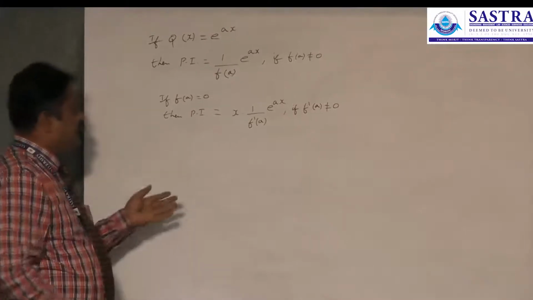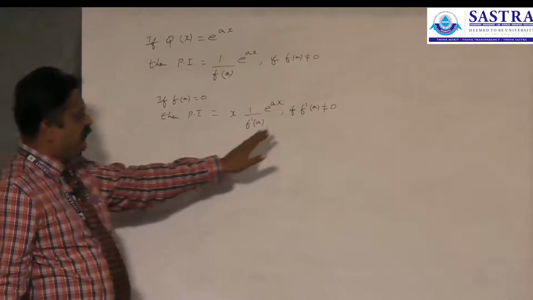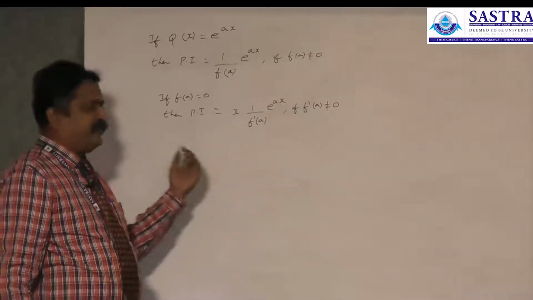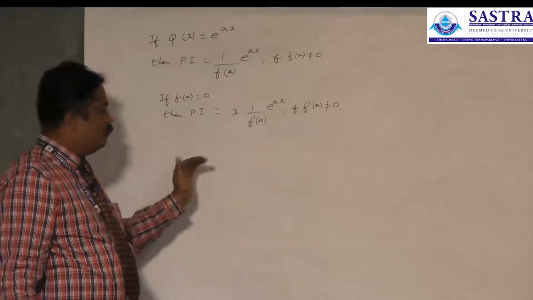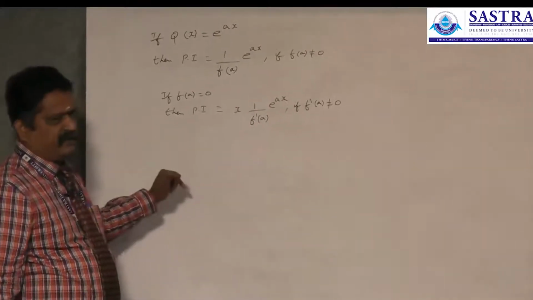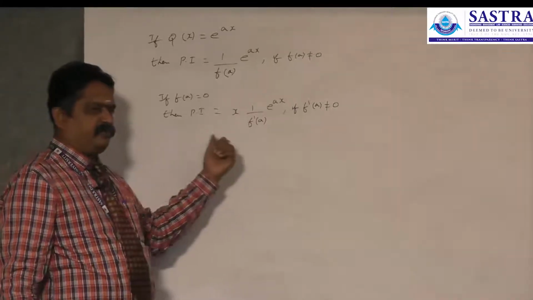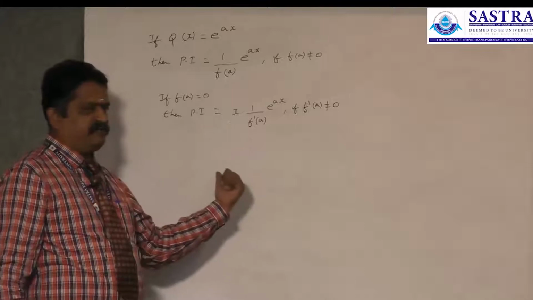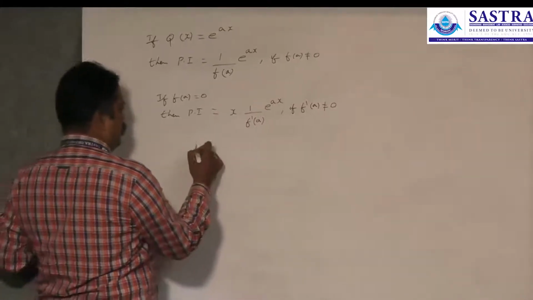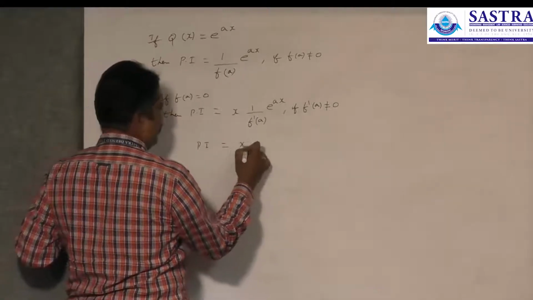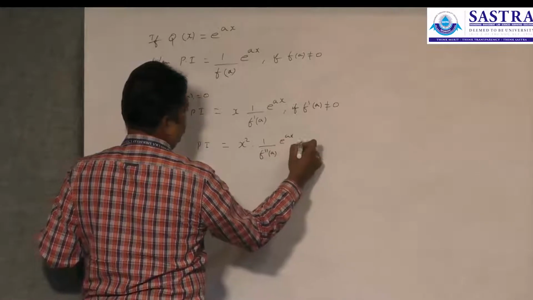Again, the case fails. That means if f dash of a is equal to 0, then you have to differentiate again the denominator with respect to d, and then you have to multiply one x to the numerator. Already x is there, it becomes x square. That means you will be getting x square into 1 by f double dash of a e power ax.